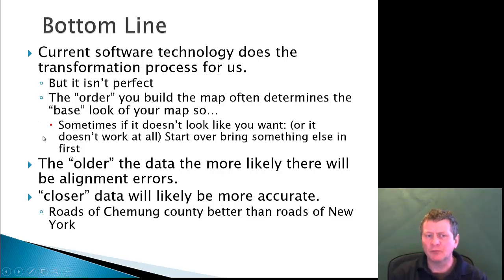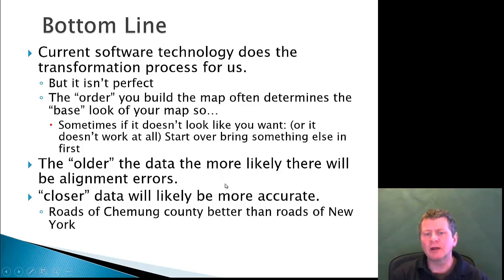What you want to be careful with is that if you bring in data 1, 2, 3, 4, and it doesn't look well, just start over and bring in data 4, 3, 2, 1. How you bring your data into your map determines the transformation process, so you can play around with this a little bit, or make modifications.